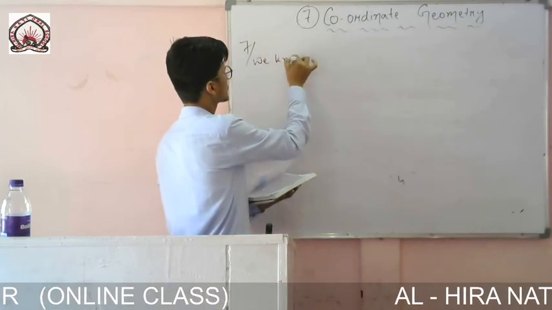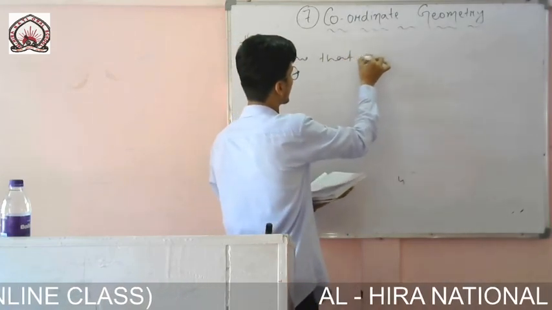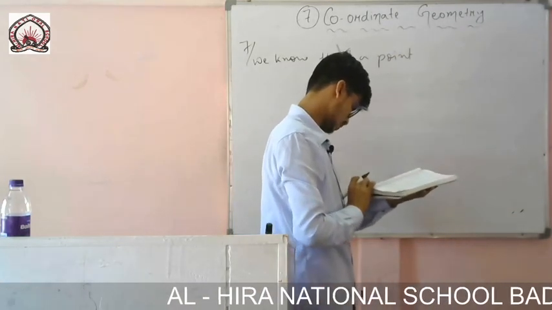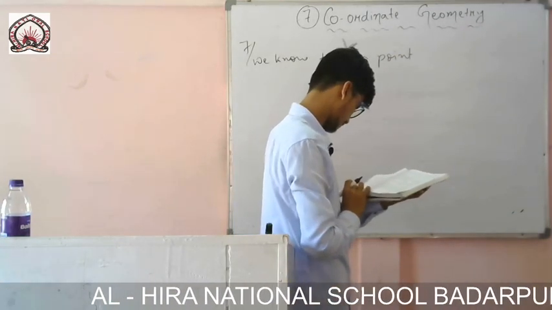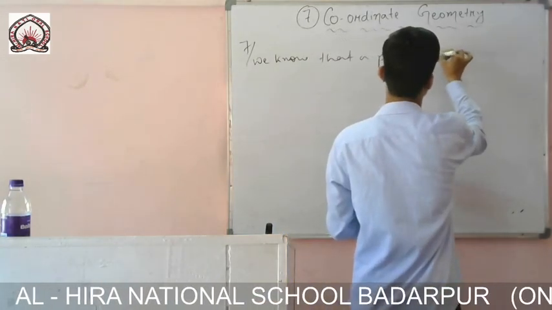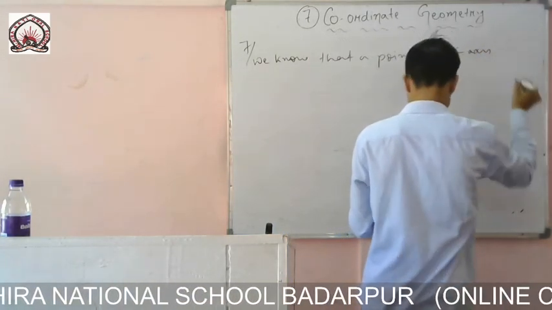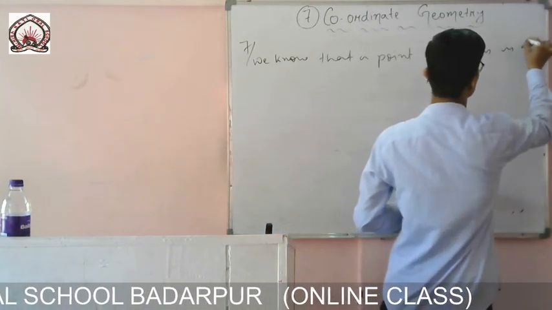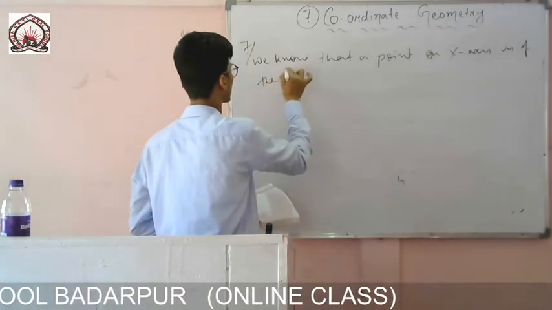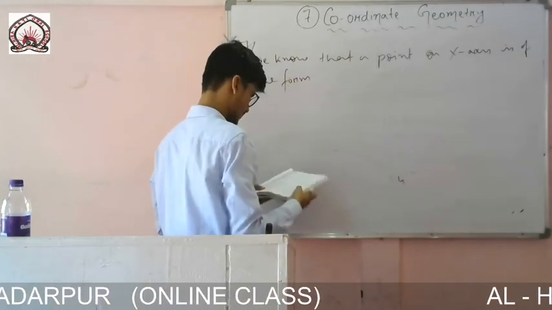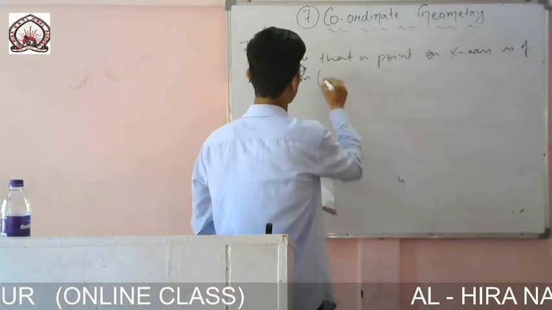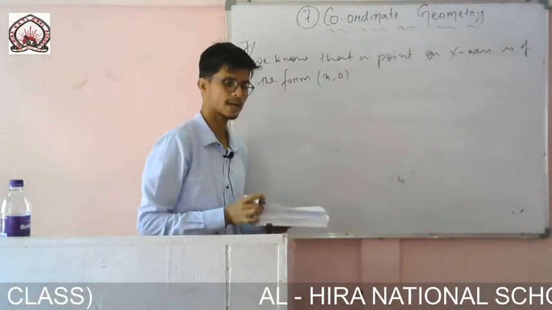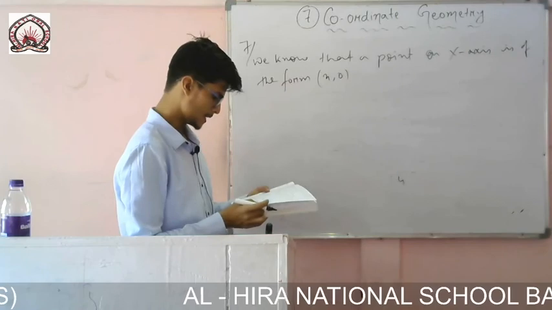We know that a point on the x-axis is of the form x comma 0. If it is on the x-axis, that means the y coordinate will be 0.